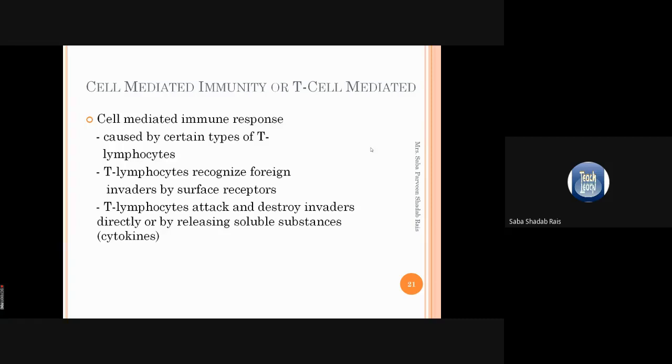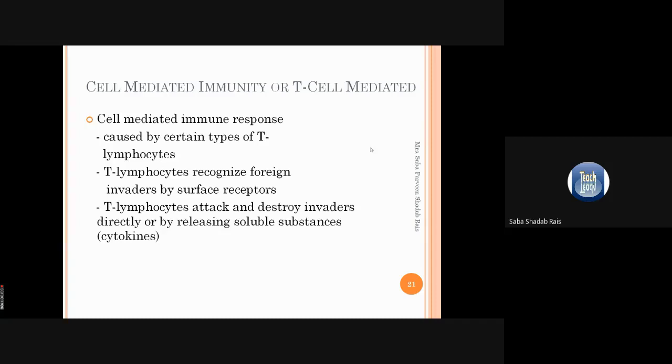Now, we understood the role of B lymphocytes. The most important role of the B lymphocyte is the formation of the antibody. In the same way, the T lymphocyte also has a specific action.